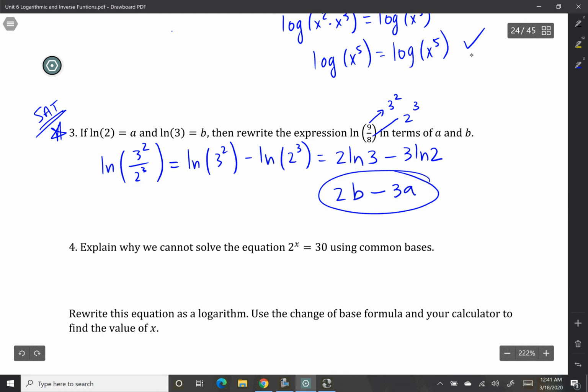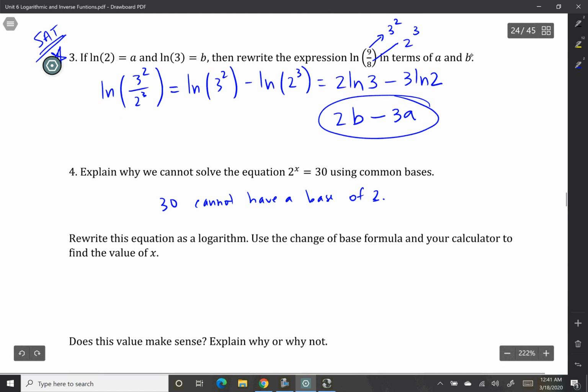Number 4 says, explain why we cannot solve this using common bases. 30 cannot have a base of 2, right? I can't make the number 30 with a base 2 without using decimals. It says rewrite this as a logarithm and use the change of base formula in your calculator to find the value of x.